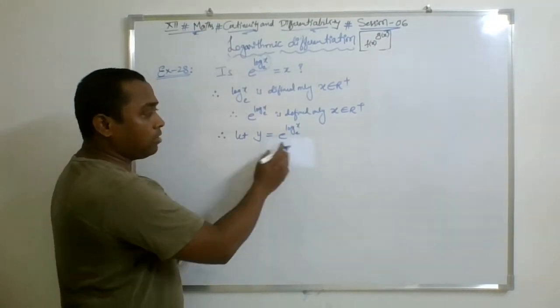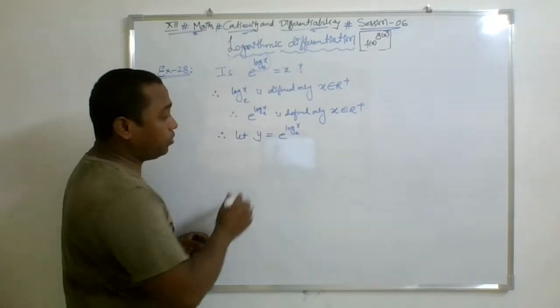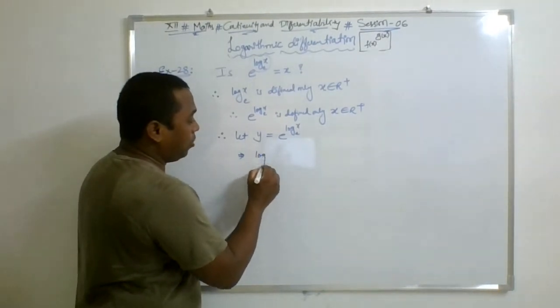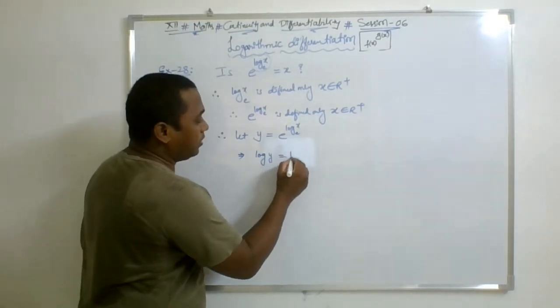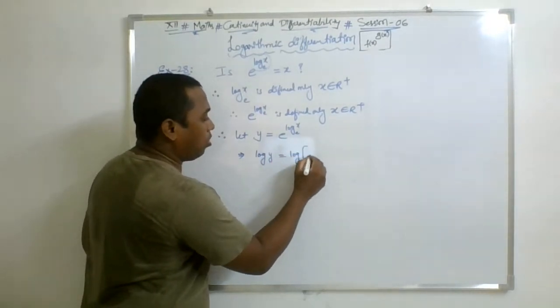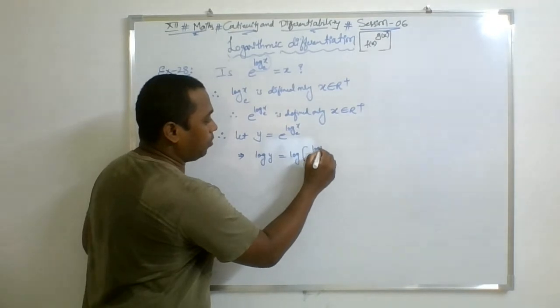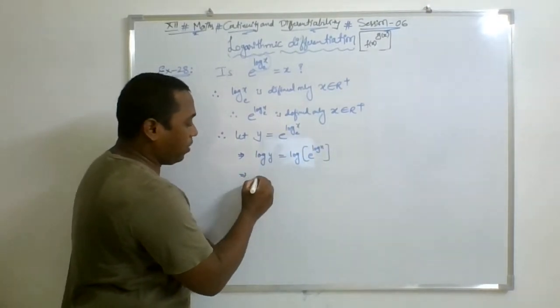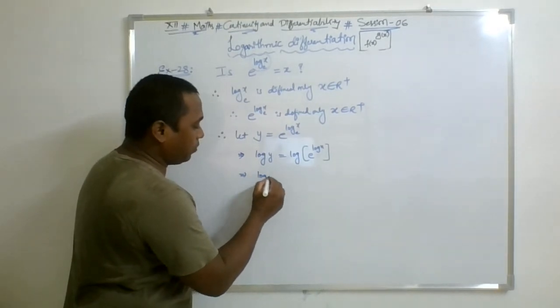In the same manner you can take log on both sides. If you do that, what will you get? Log y is equal to log of e to the power of log x. If you apply the properties, it is easy to understand.